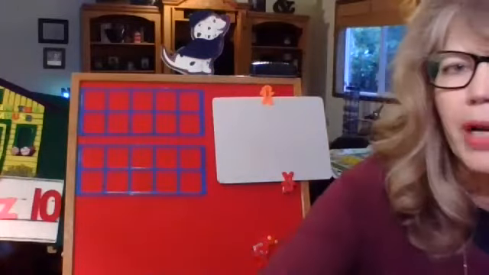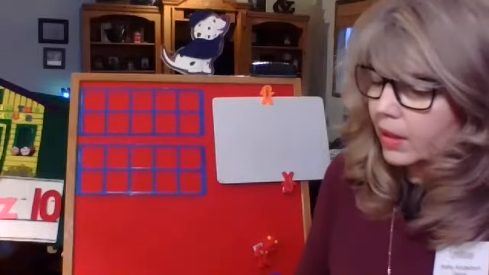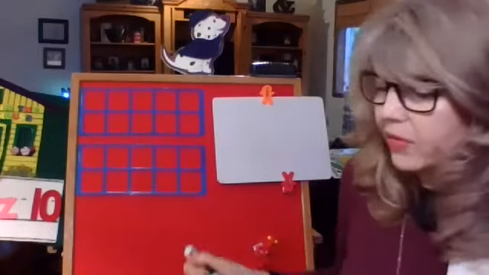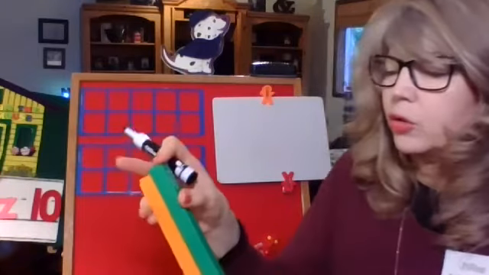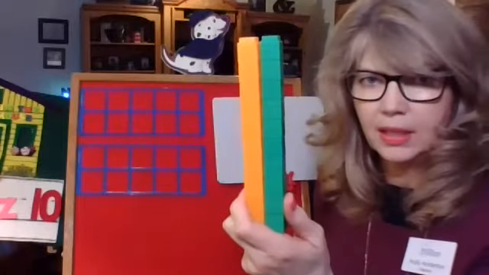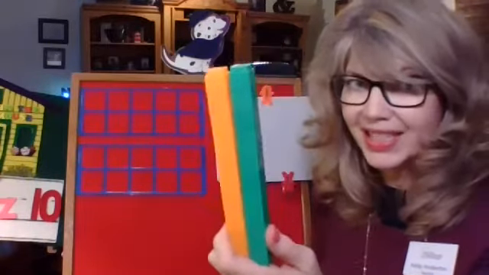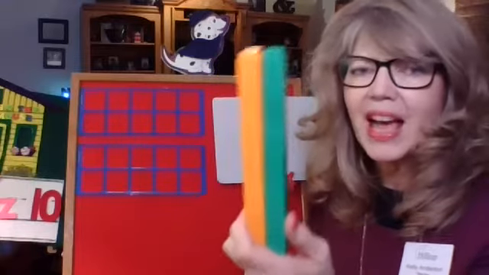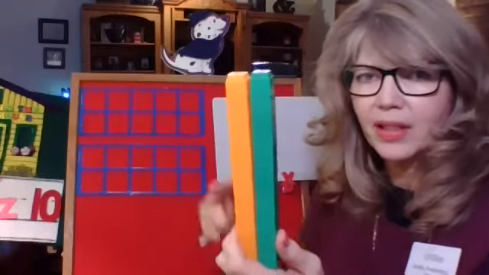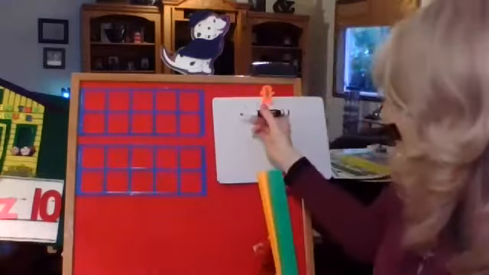So watch as we write that. When we have 2 sets of 10, how many 10 sets do we have? When we have 20, how many 10 sets do we have? 1, 2. So I'm going to write that right here.